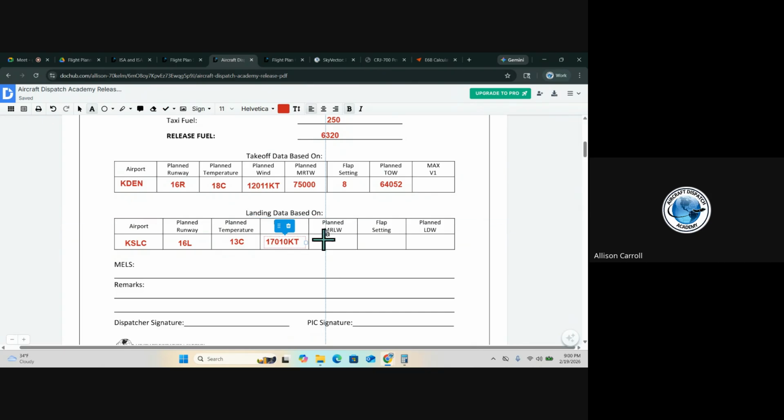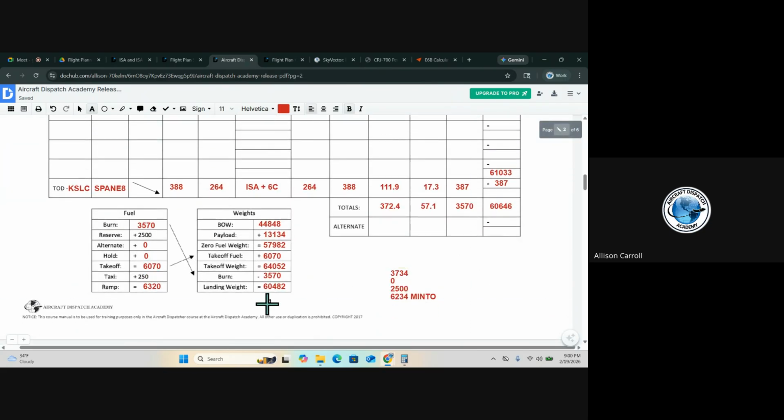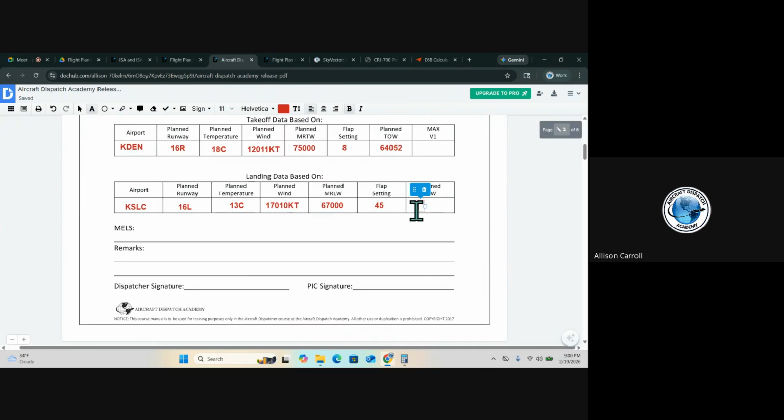All right, planned max runway landing weight. Max runway landing weight, that's 67,000. Flap setting, we always do 45. Okay, always just do 45. Planned landing weight now. The landing weight that we just figured out, it's actually planned to be 6482, which is what we estimated in the first place.